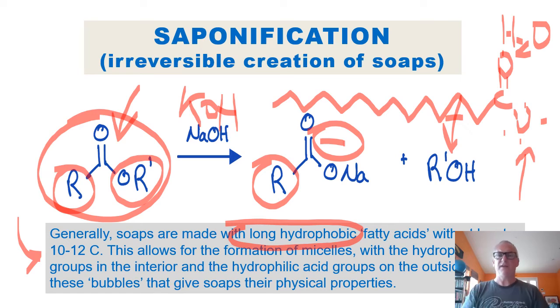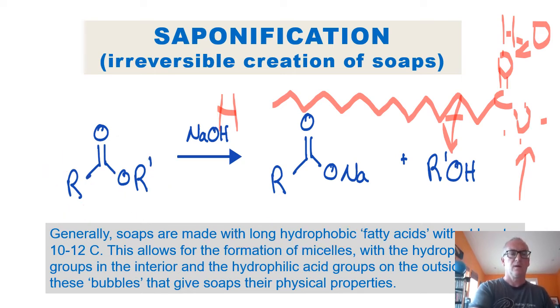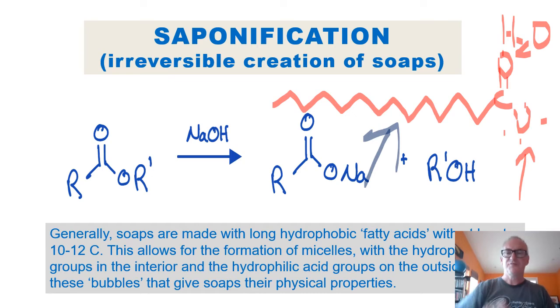On the other hand, you've got this really, really long chain, and this chain is really hydrophobic. And so you can form very strong London dispersion forces again if you keep these long chains together and away from water.